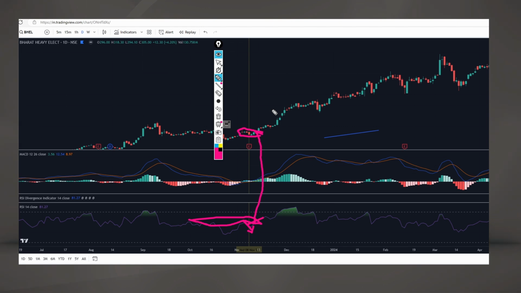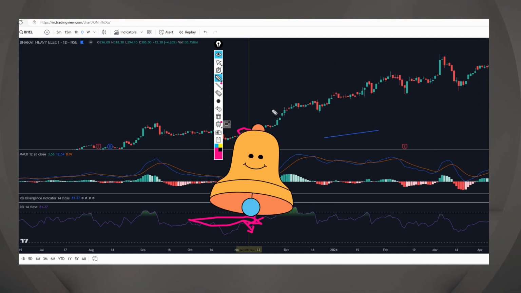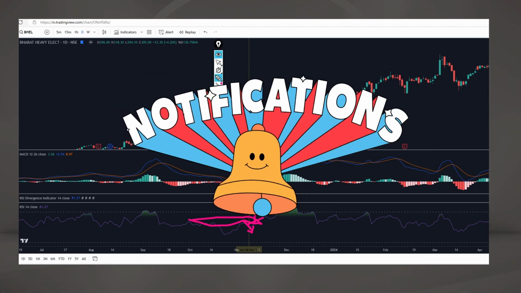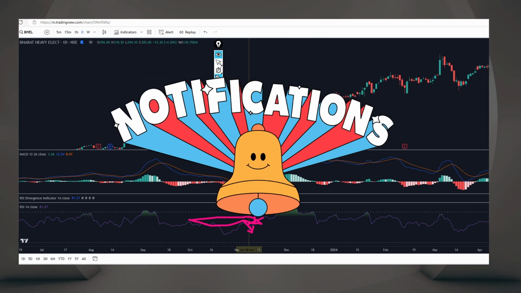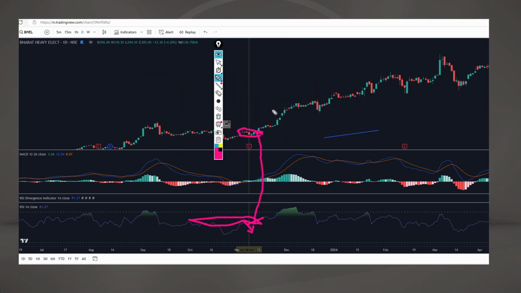RSI itself can be used for trading. There are several people who trade based on RSI itself. So what happens there is, let's say there are two peaks which are formed here on RSI, right? I must use a smaller one. Can I?